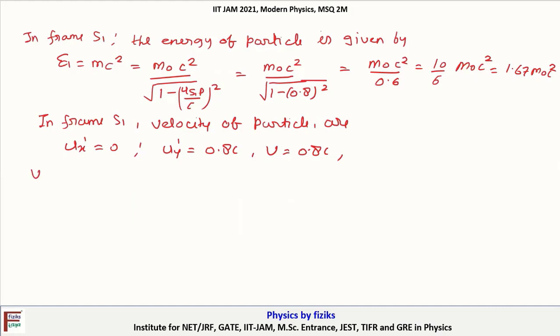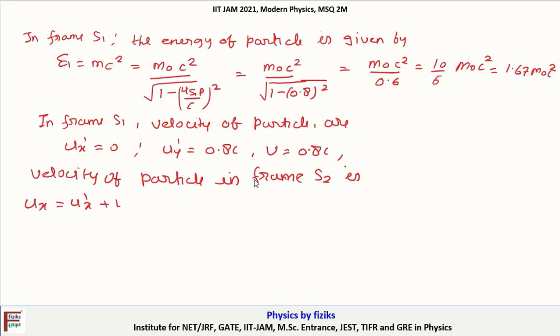So the velocity of the particle in frame S2: ux is equal to ux dash plus v divided by 1 plus ux dash v by c square, which is equal to 0.8 c.